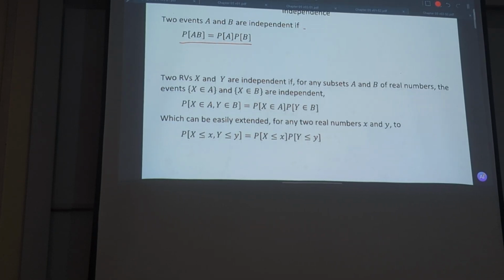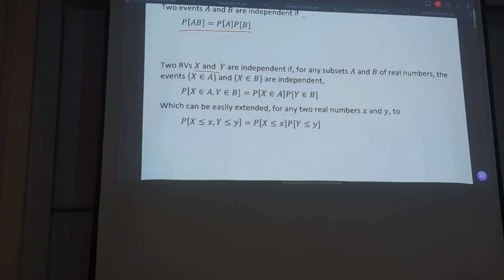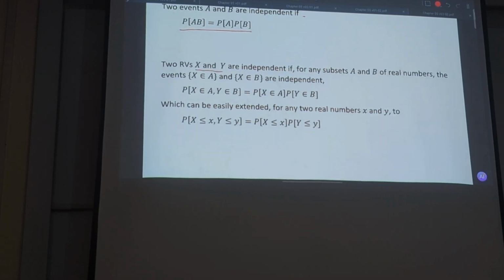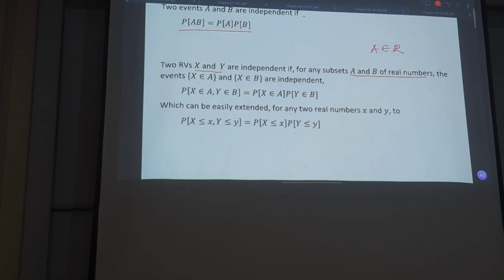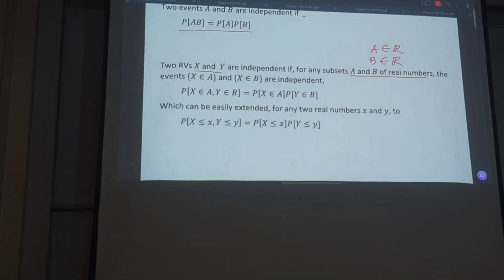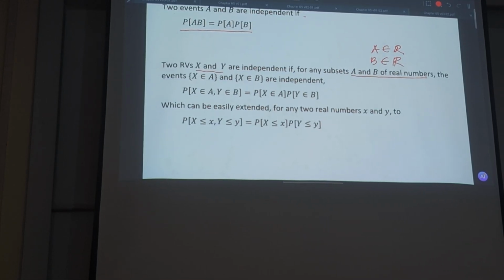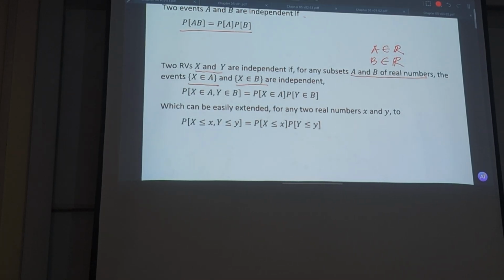Now when we move from events to random variables, we say if X and Y are two random variables, they are independent if for any subsets A and B of real numbers, A is a subset of real numbers, B is a subset of real numbers, if this event and this event are independent.